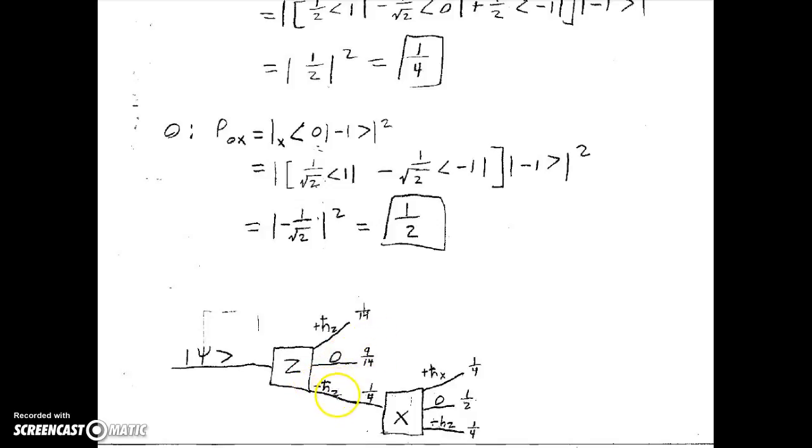Getting a negative h bar is 4/14. And once it passes through this negative h bar, it goes into an x filter, and we have our probabilities again. So finding a plus h bar of x is 1/4, 0 is 1/2, and negative h bar is 1/4.